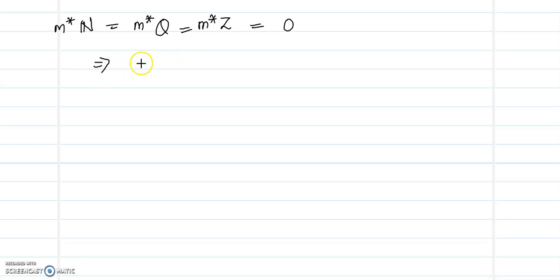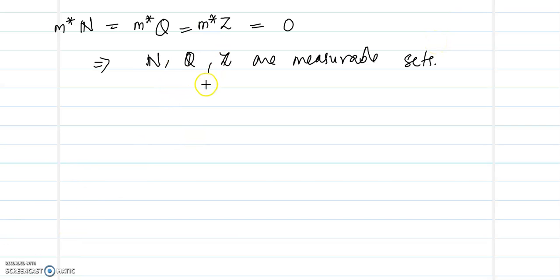Therefore these sets N, Q, Z are measurable, by the lemma we have seen.